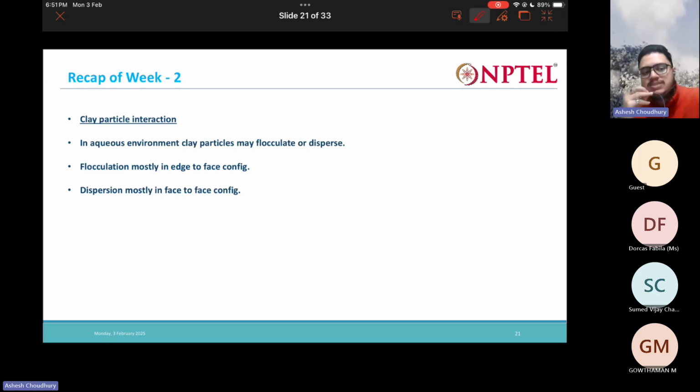Because in aqueous environment clay particles generally flocculate or disperse. So if it disperses, there is no issue, but if it flocculates, means if the particles come close to each other and stick to each other, it is going to be an issue. Okay, so we have to avoid that during our hydrometer. That's why you use distilled water and then dispersing agent.